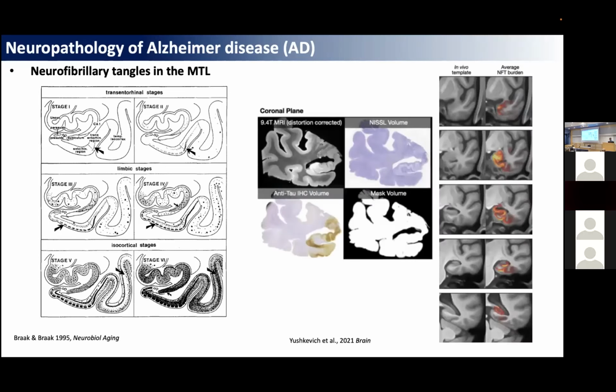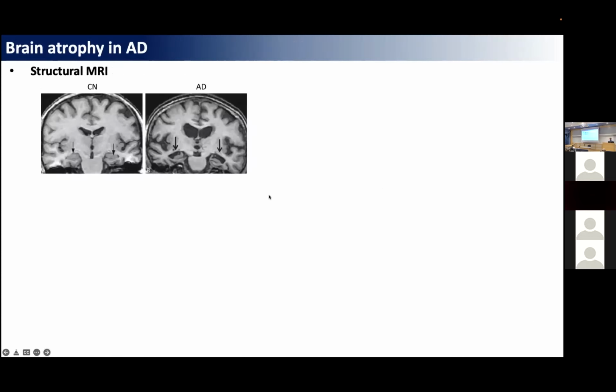So these days, several groups, including Paul Yushkevich's group at the University of Pennsylvania, take advantage of ex vivo MRI, histology, and AI to build 3D maps that will cover all the MTL, and that will improve our knowledge of the progression of pathology in the MTL.